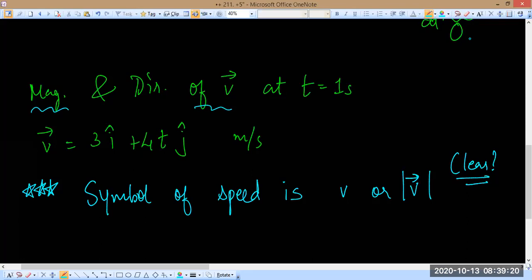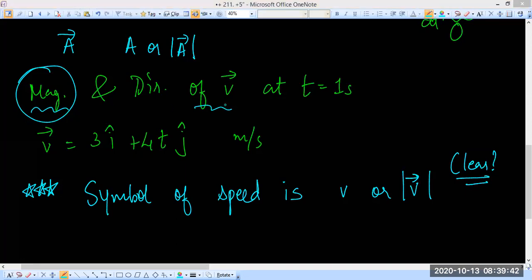Look, why does it have this kind of symbol? Magnitude, vector A, its magnitude is either A or modulus of A vector, right? Just like that, vector V, right? Vector V, its magnitude is either this or this.